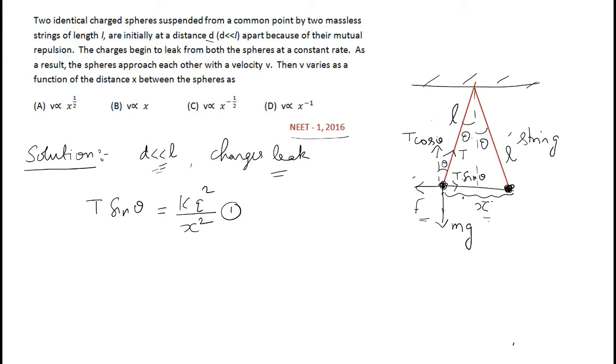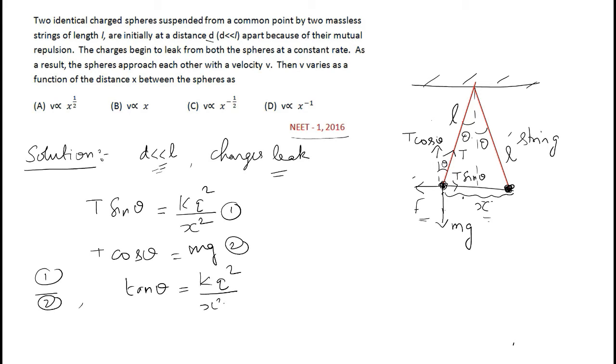Let's say at that instant the charge is q, and consider the situation to be equilibrium when the charge is steady at the value of q. Then T cos theta should be equal to mg. I am going to divide. Tan theta is equal to k q squared by x squared mg.